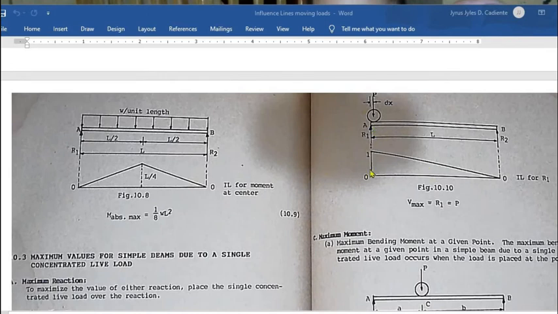Okay, so in this drawing, ito yung kanyang influence line. It is 1 for reaction 1, and therefore your maximum shear is also equal to R1, which is equal to the concentrated load P.